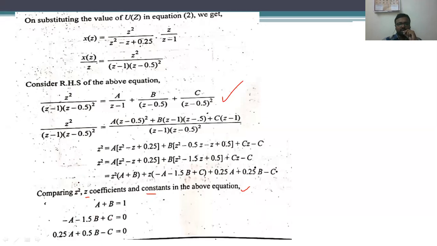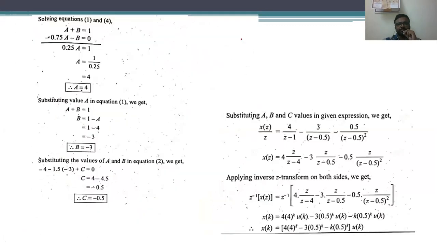That means in the left hand side we are able to observe only the value of z square. So the comparison of z square is going to be taken as 1 and comparison of z and constant values is nothing but 0. That means we have obtained three different relations in A, B, C, with the comparison of z square terms, z terms, and constant terms on both LH side and RH side.